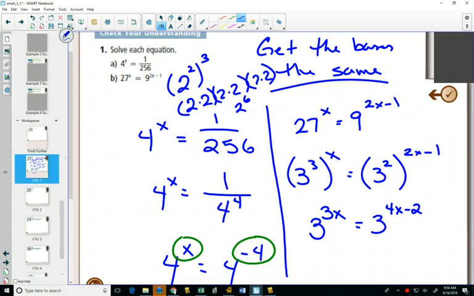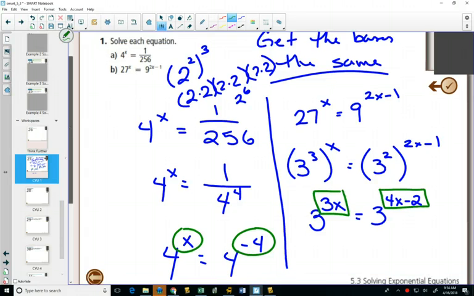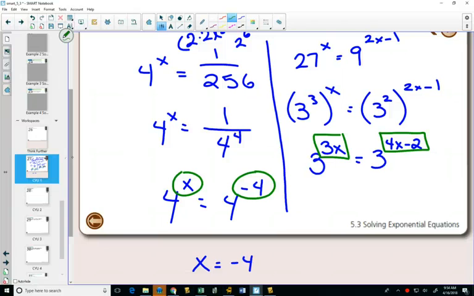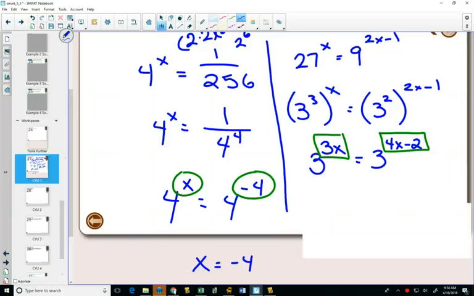And when I multiply 2 times 2x minus 1, I'm going to have to distribute. And so now I have both sides with the same base. What does that mean? If these two things are equal, it means that 3x has to equal 4x minus 2.